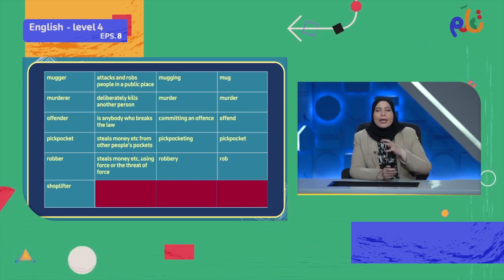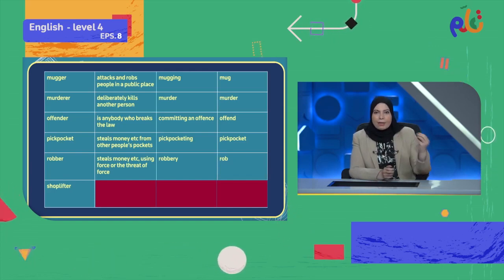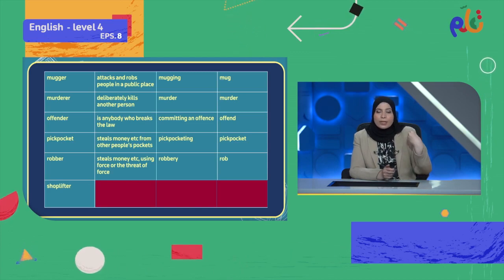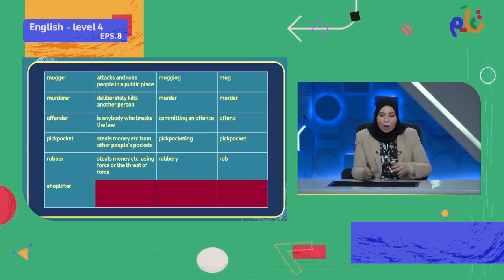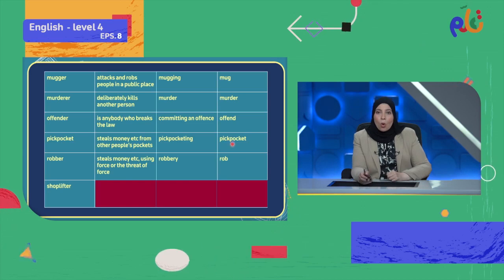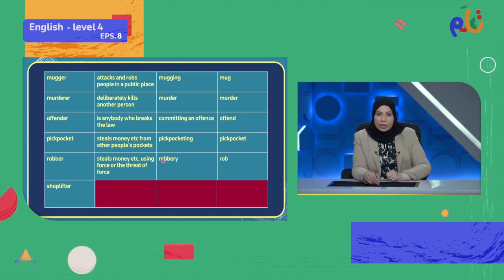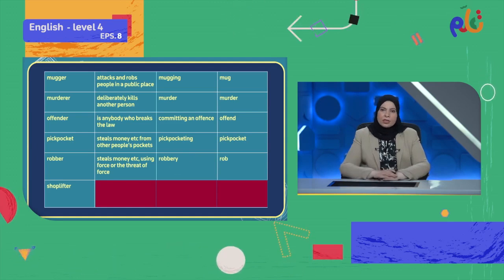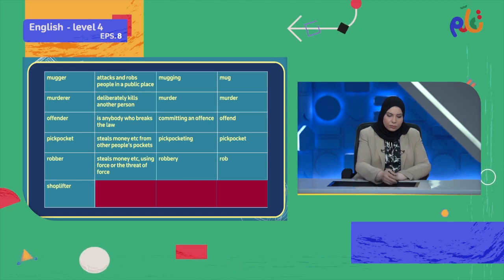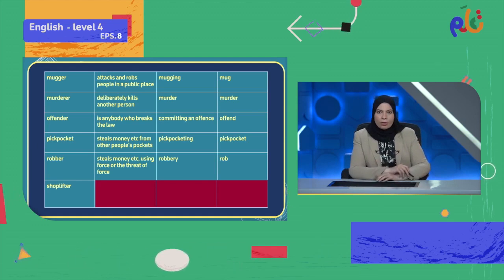So I can say, they robbed the bank. They robbed me. I got robbed. I'm talking about the verb. Or I heard about the robbery that happened in San Francisco last week, for example. That's the crime. And then the criminal is a robber.